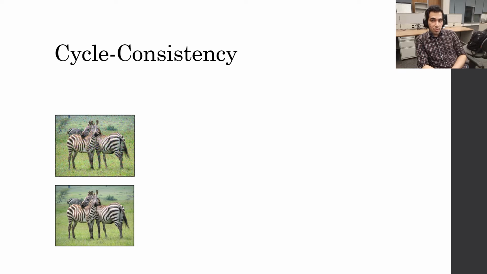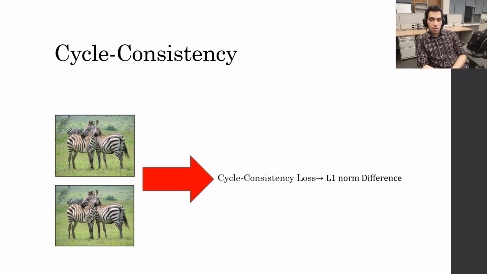We calculate the difference between these two, which is an L1 norm, and this is defined as the cycle consistency loss. And they do it in both ways.